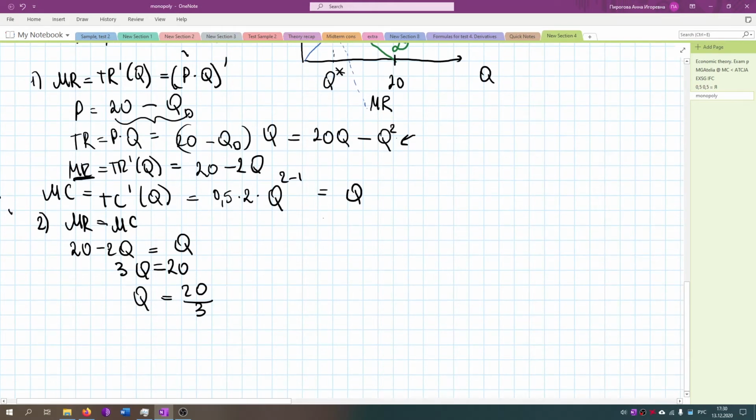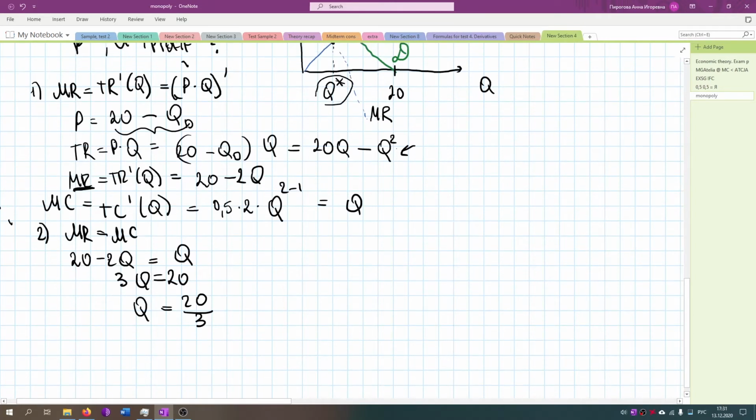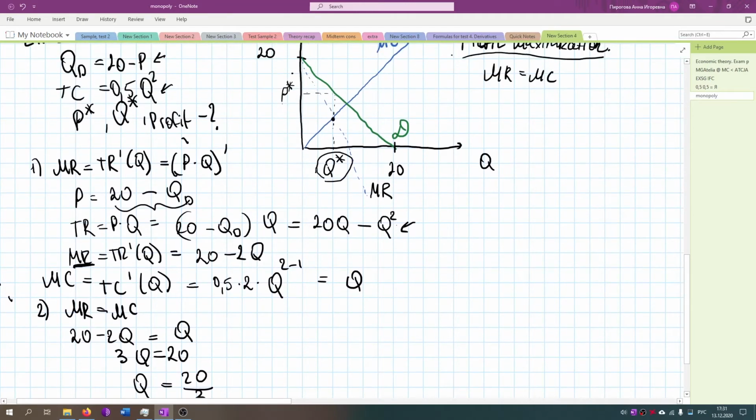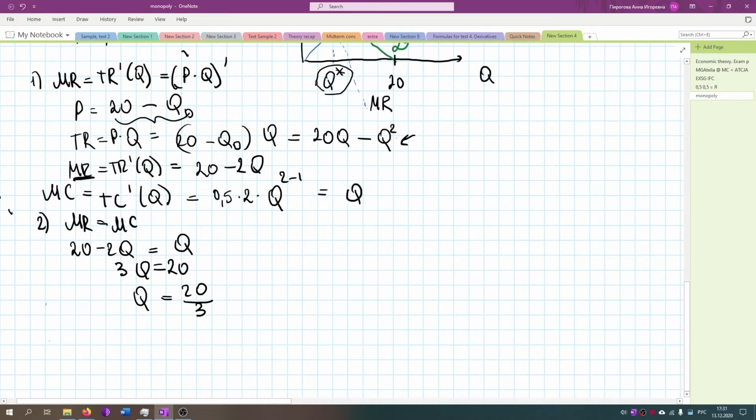So we have found our optimal quantity, and now to get our optimal price we need to put this optimal quantity into our demand function. So let's do this. Our demand function is price is equal to 20 minus q.